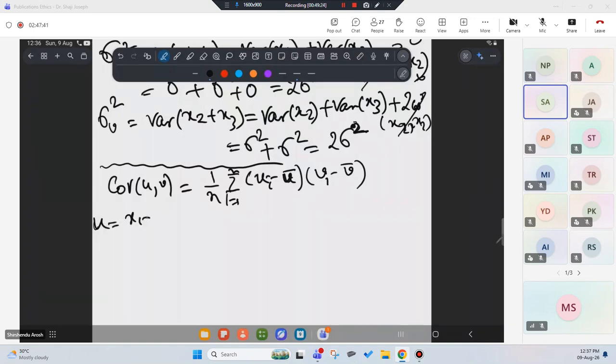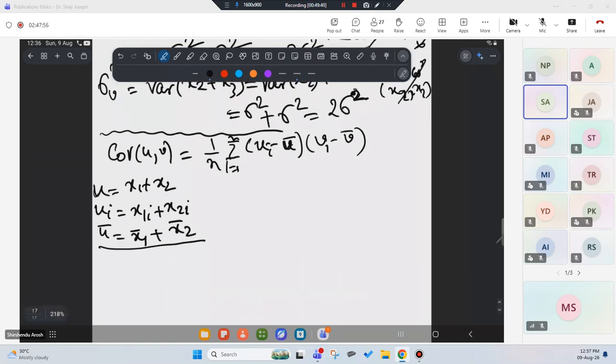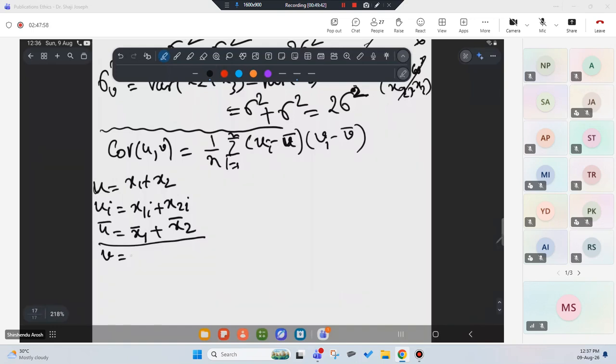What is x1 plus x2? ui would be x1i plus x2i, and u bar would be x1 bar plus x2 bar. Similarly, vi would be x2i plus x3i and v bar would be x2 bar plus x3 bar.